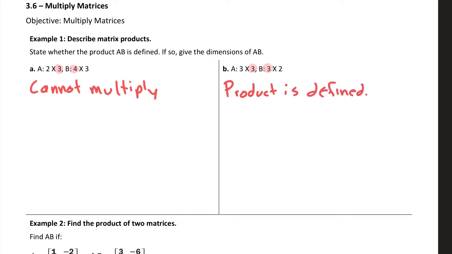Okay, and the dimensions of AB is going to be 3 by 2. And the way I find those dimensions is I take the rows of the first matrix and the columns of the second one. 3 by 2 would be the product, okay?